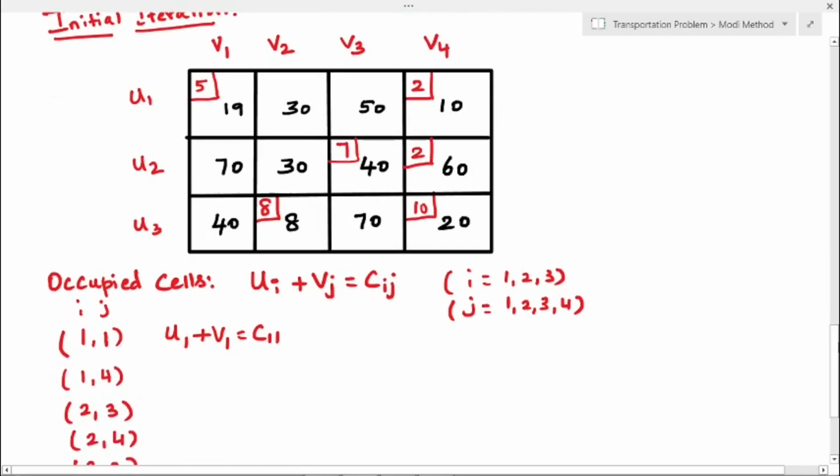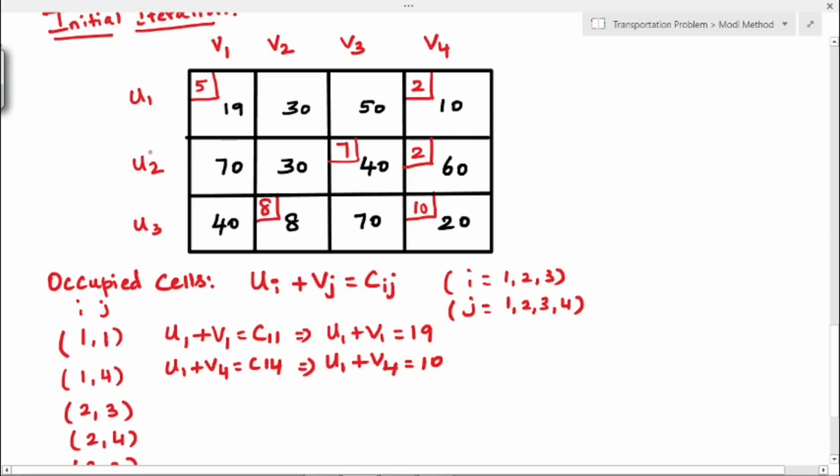So this implies U1 plus V1 equal to 19. Next, U1 plus V4, here we have an occupied cell, so U1 plus V4 equal to C14. That is U1 plus V4 equal to 10.